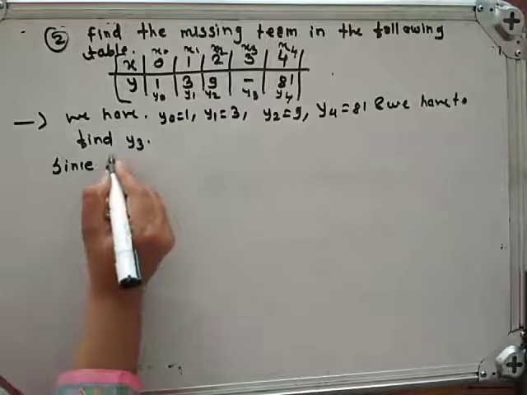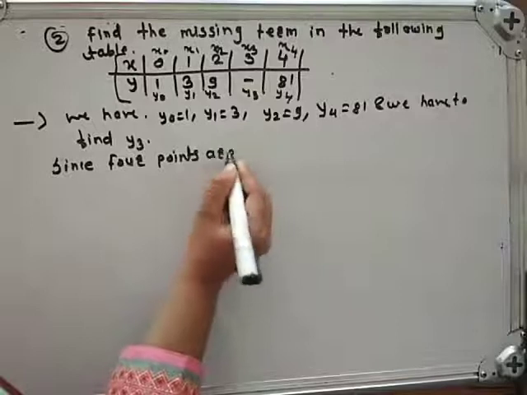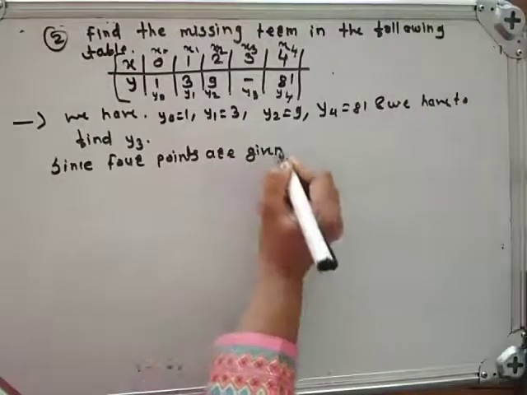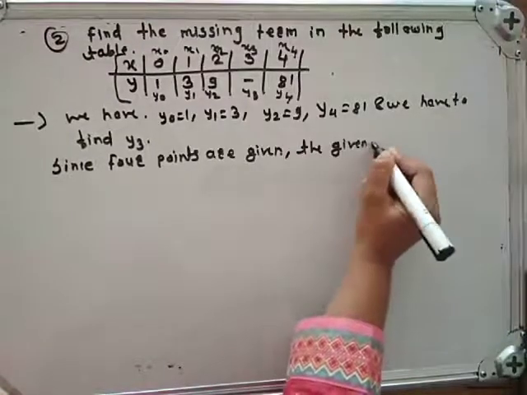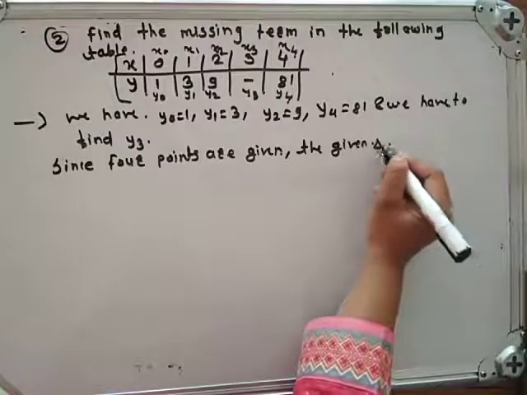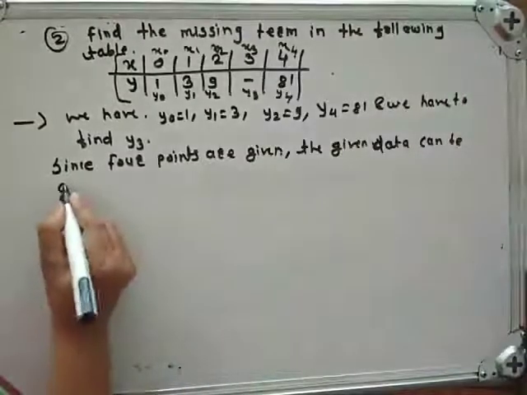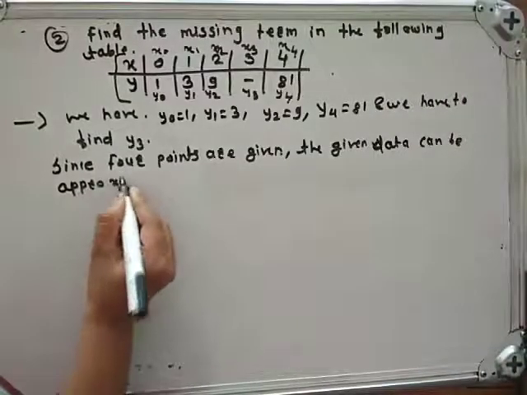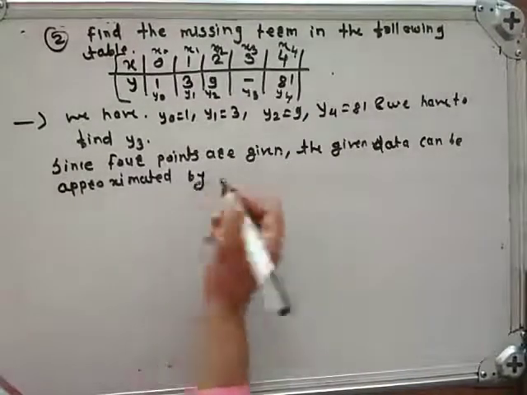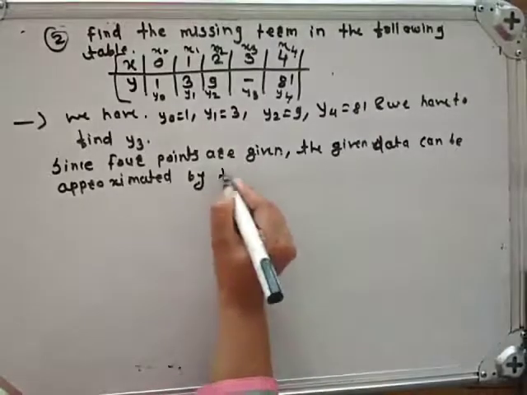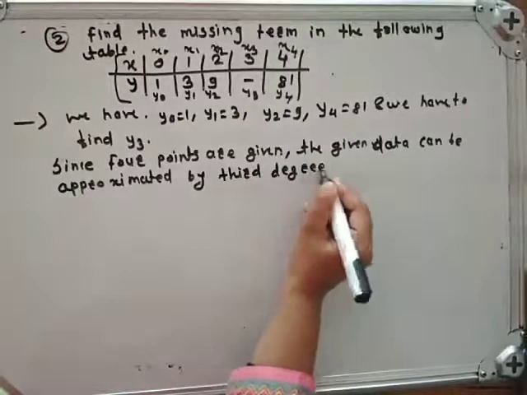Since here 4 points are given, the given data can be approximated by a third degree polynomial in x.